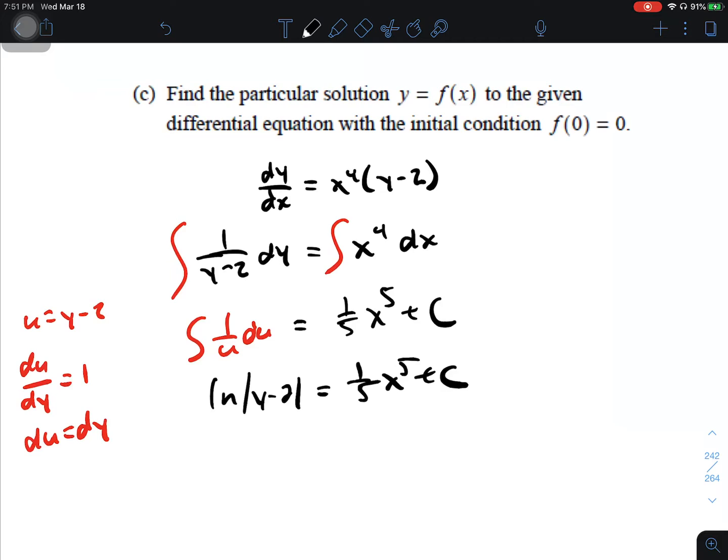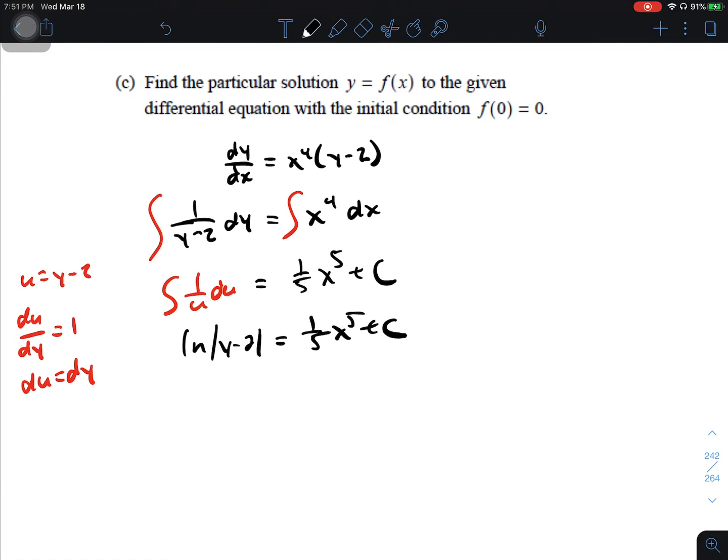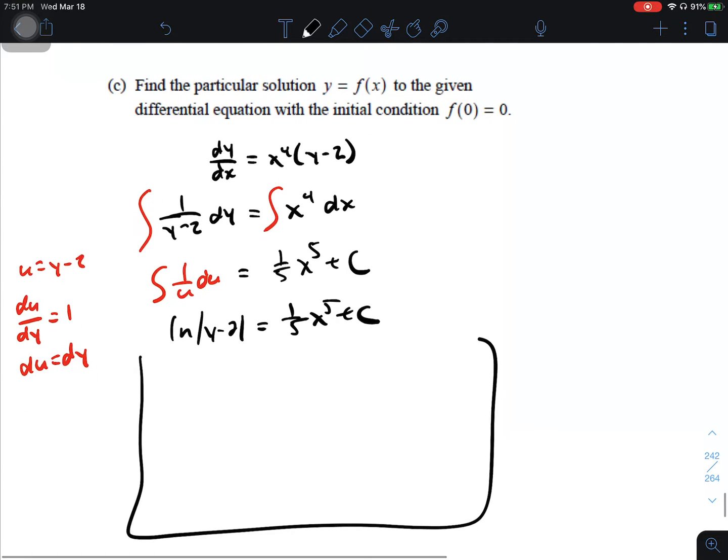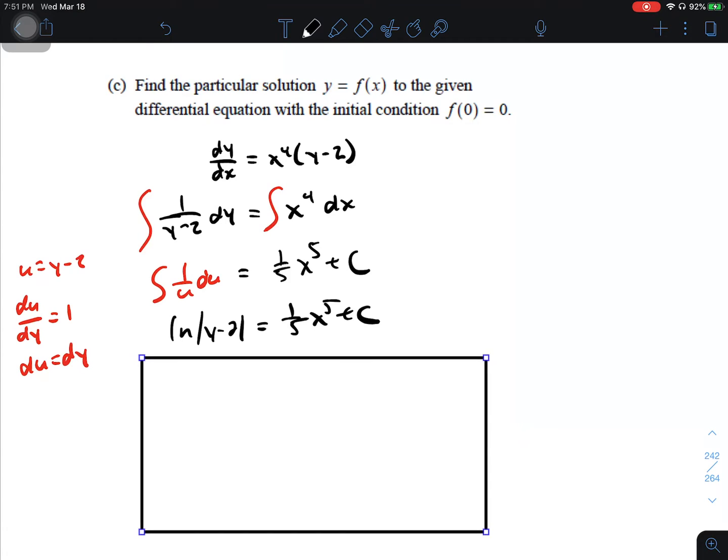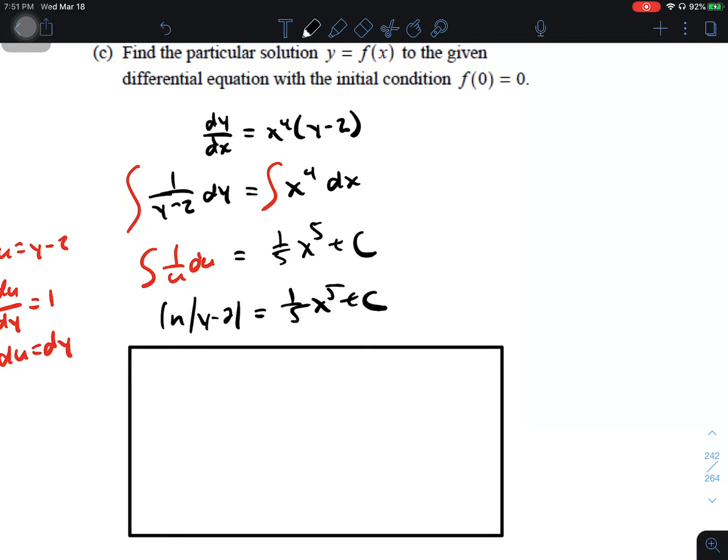It's easier on us if we now use the initial condition before solving for y. It's just algebraically simpler. So we had the ordered pair f of 0 equals 0. So it's natural log of 0 minus 2 equals 1/5 of 0 to the 5th plus your arbitrary constant.